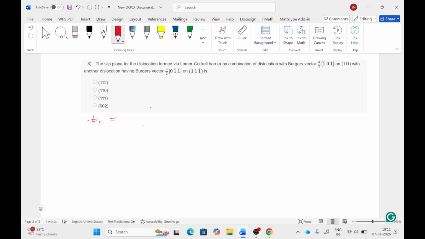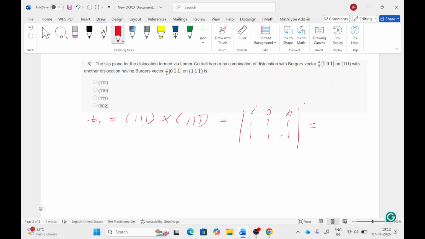The line vector can be obtained from the cross product of these two planes, (1 1 1) and (1 bar 1 minus 1).